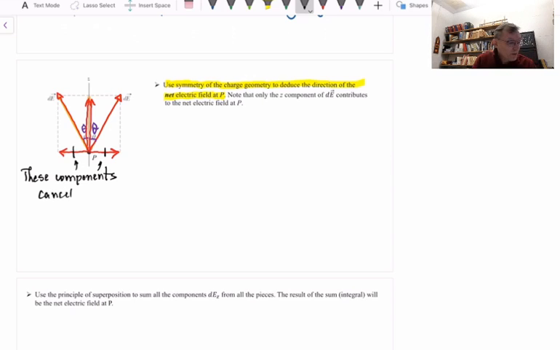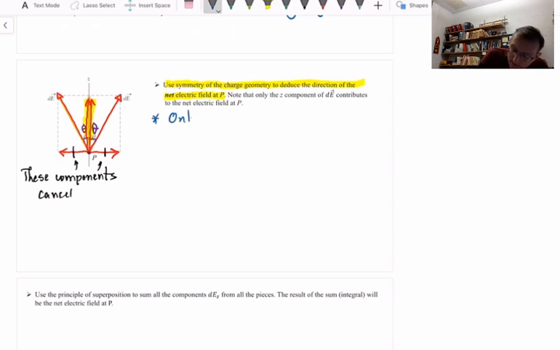Ta-da! Don't worry about them then. It's only these components that survive along the z direction. So only z components, this is the key point.